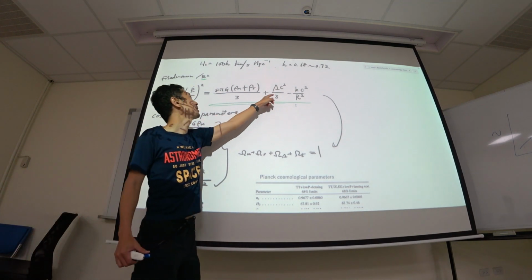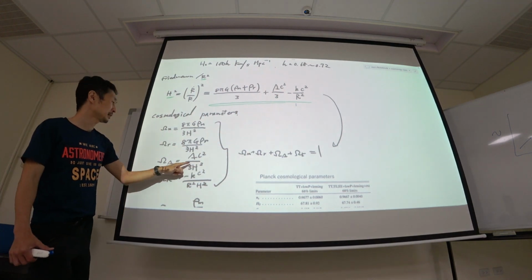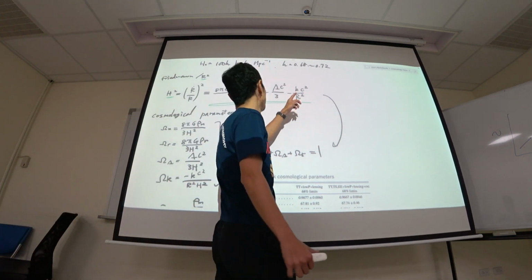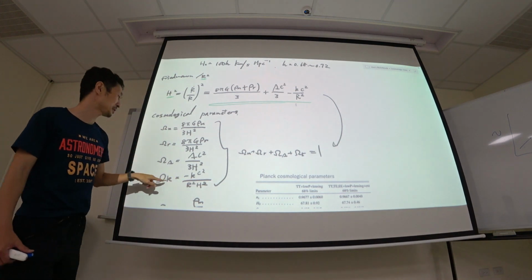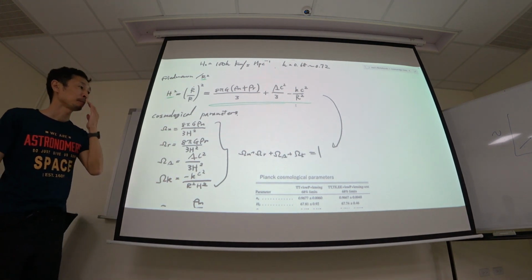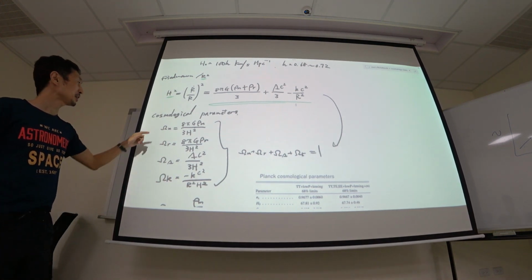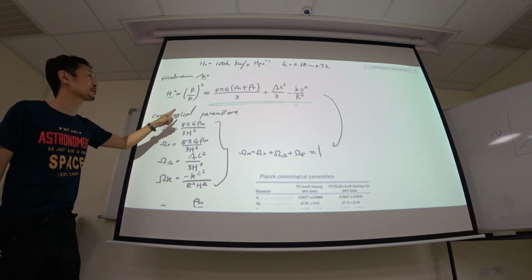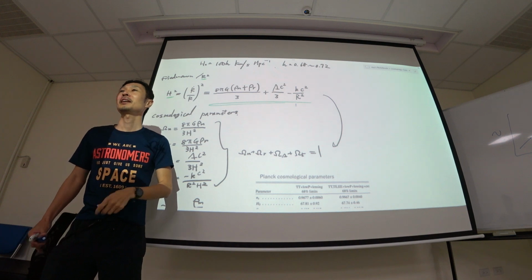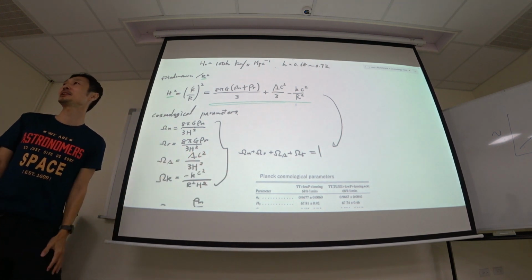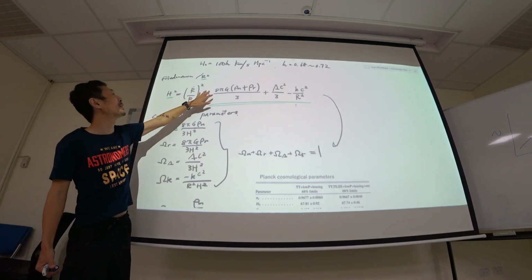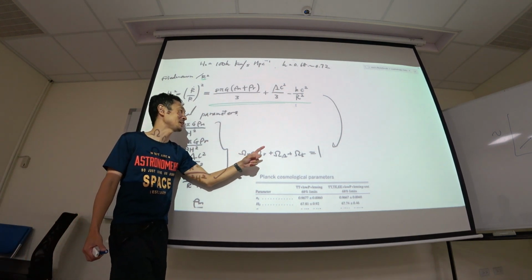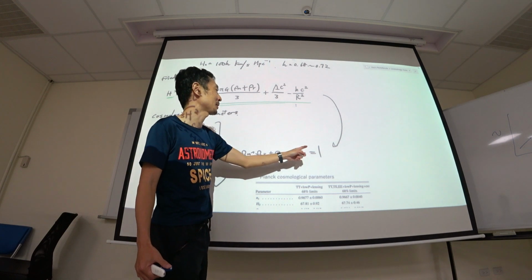This part divided by h squared is omega lambda. And this part, k, divided by h squared is omega k. We just use these omega m, r, lambda, k to describe the Friedmann equation. And voila, it's very simple, right? Before it was complicated, but now it's very simple. Omega matter plus omega radiation plus omega lambda plus omega k is 1.